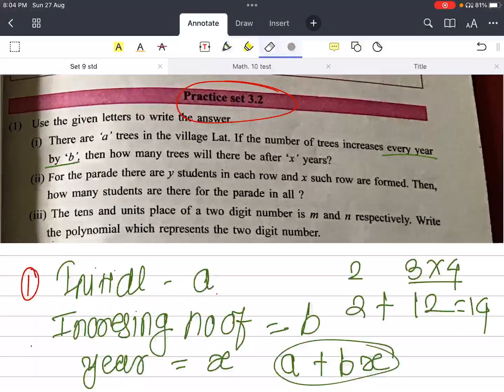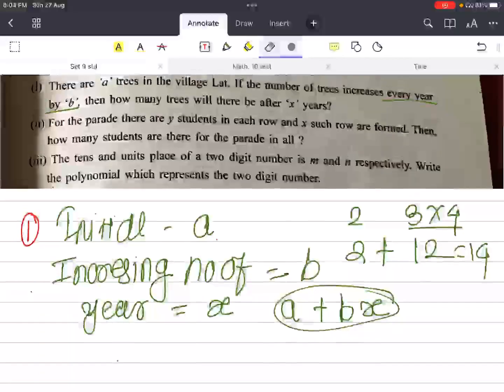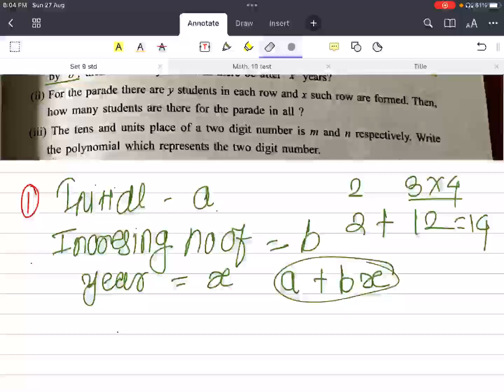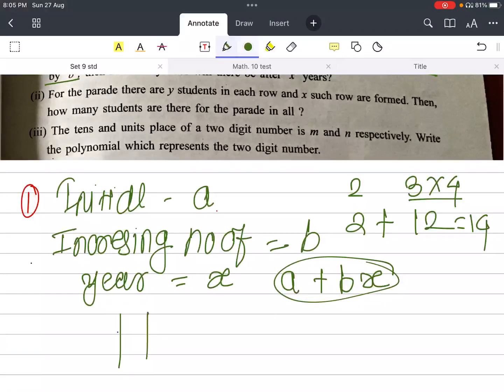Now, likewise, just assume the second question. For the parade, there are Y students in each row and X rows are formed. Then how many students are there for the parade in all? So take an example: one, two, three, four, the lines are there.